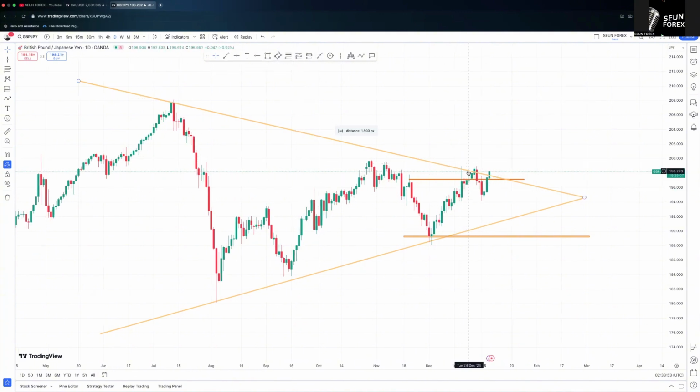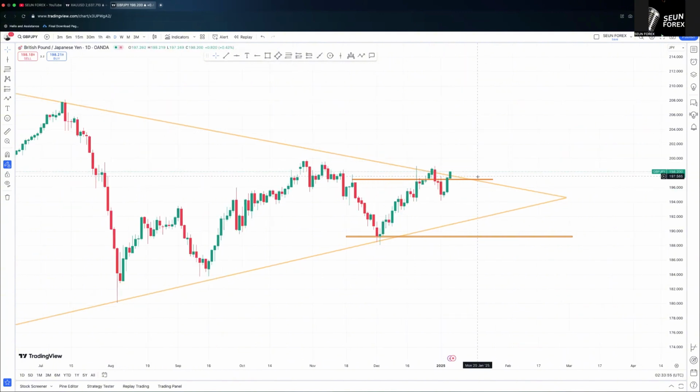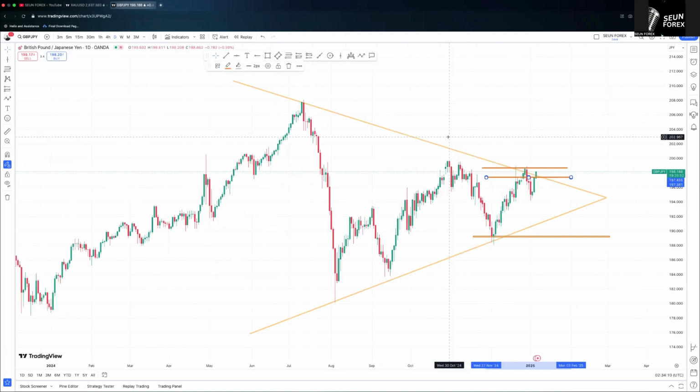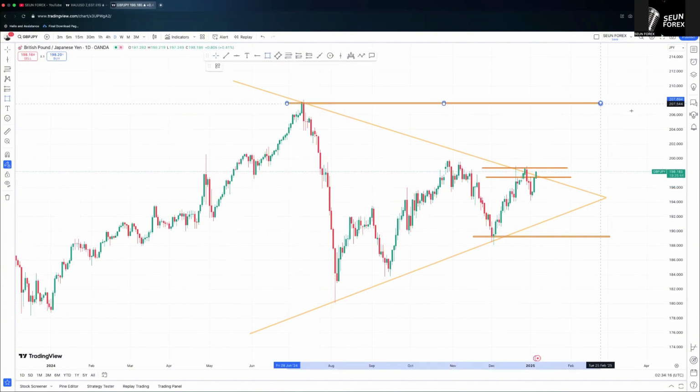I'm expecting that if this market reacts to this key level and comes to test somewhere around here, then that is the best place to enter. Because if the market reacts to this key level and retests, it means you can actually swing your way to the moon.